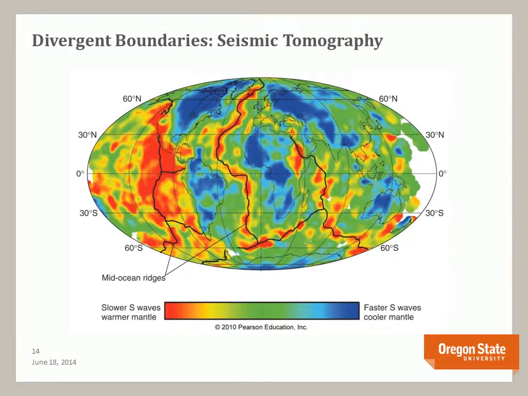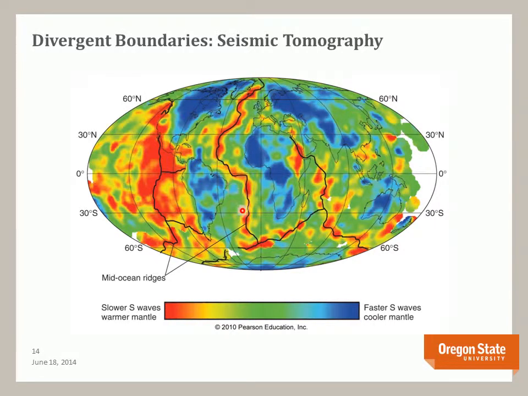So this map then shows areas of relatively warm areas in the mantle versus cold areas in the mantle. And it's broadly consistent with what we've determined from our other data sets.